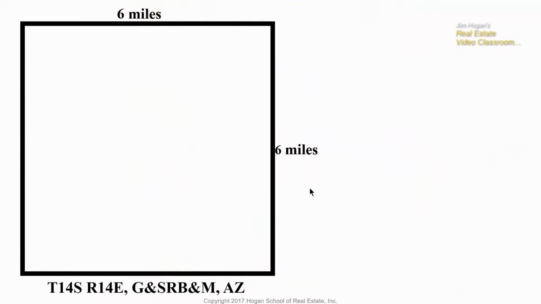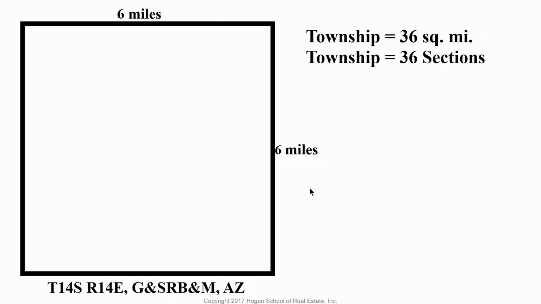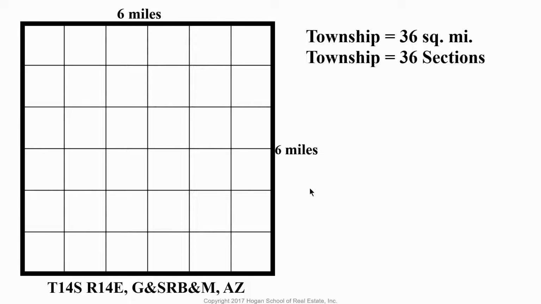So let's go a little bit further on and take one of these townships, and I'm going to use Township 14 South, Range 14 East of the GNS RB&M, because that's right around where I live in Tucson, Arizona. And a township, again, let's define it, is 36 square miles in area. It's 6 miles by 6 miles in size, that's 6 miles square, but contains an area of 36 square miles. And a township, by definition, has 36 sections.